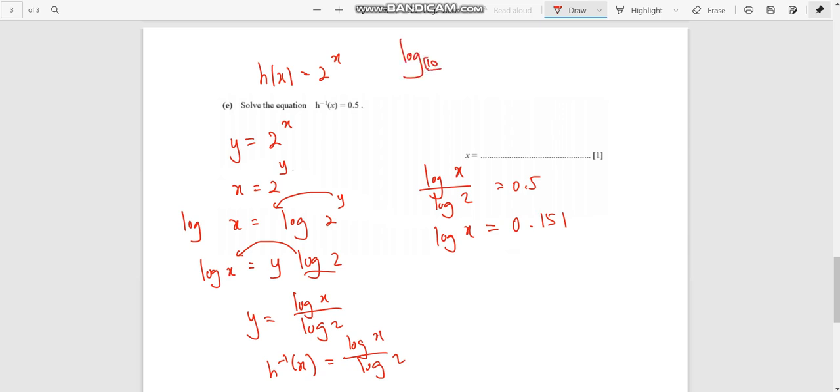That's a 10 here, base 10. So if you want to remove the log to the other side, we move the base to here, and it will push up this number to become the power. So I will get 10 power 0.151. Okay, so 10 power 0.151, you get your x equals 1.41. So this is how you solve the functions questions.